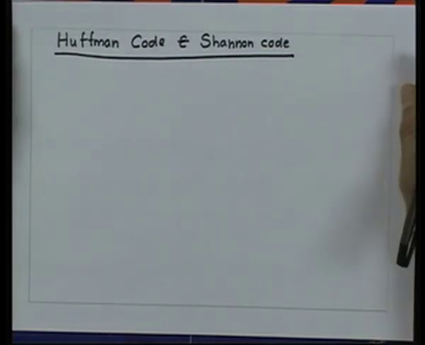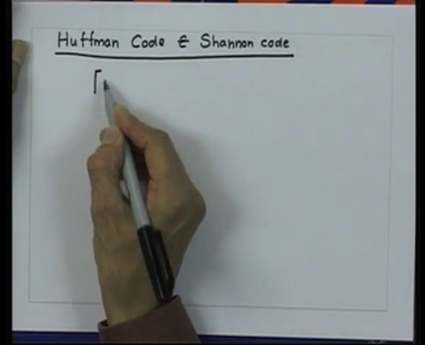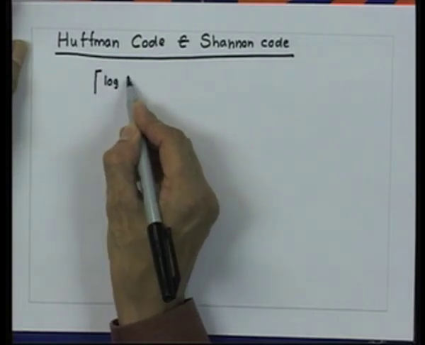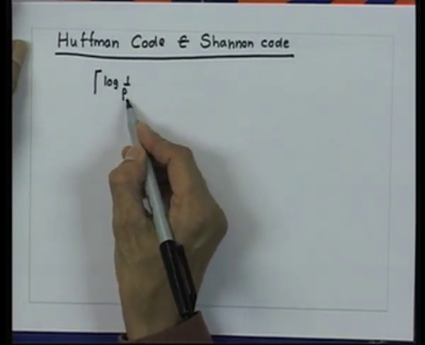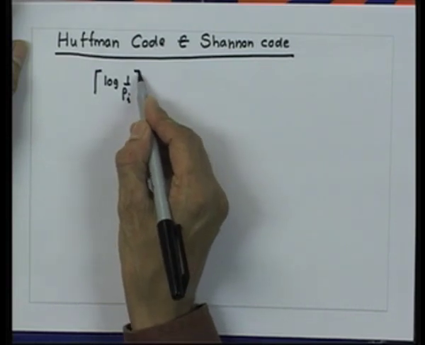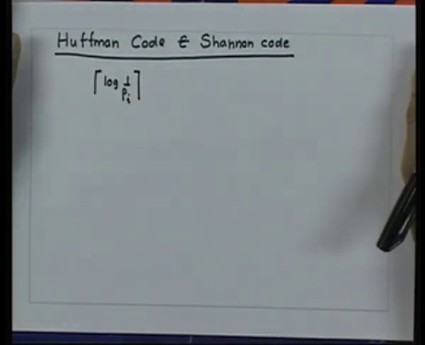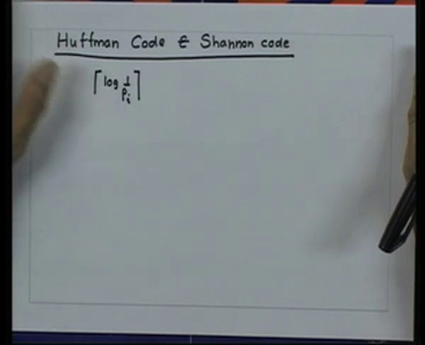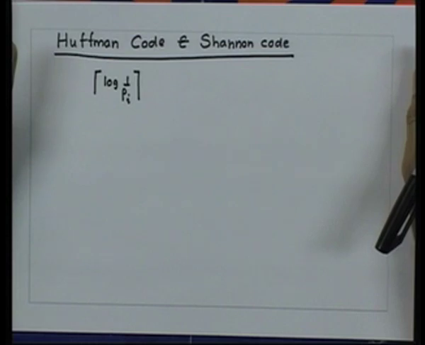Now, using code word lengths of log 1 by pi, which is called Shannon coding, this may be sometimes much worse than the optimal code for some particular symbol.